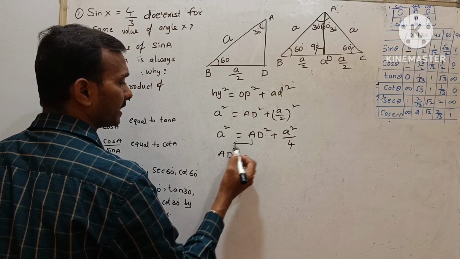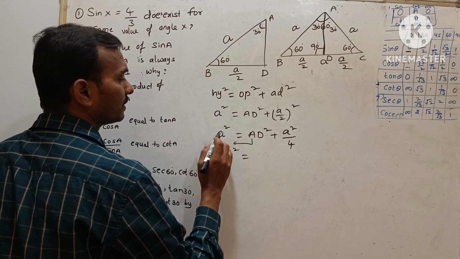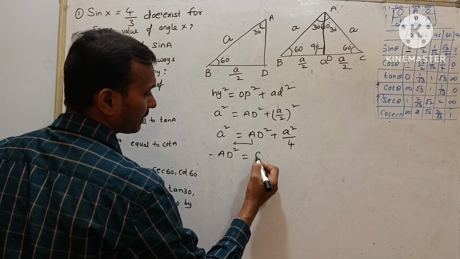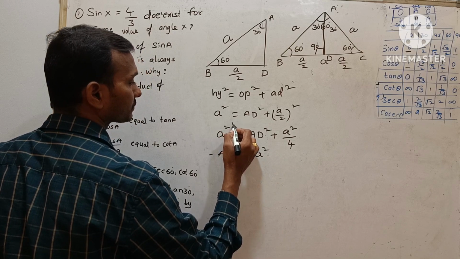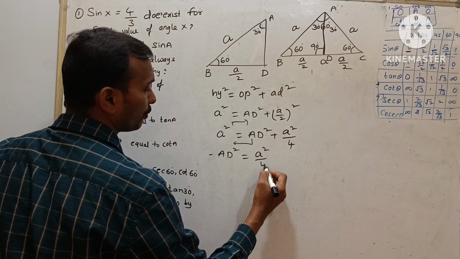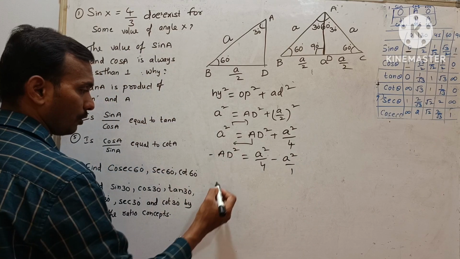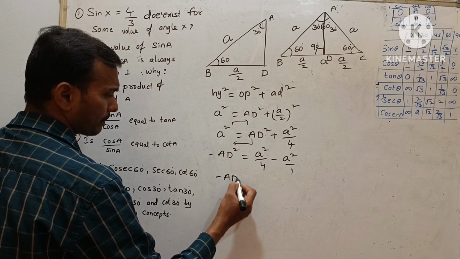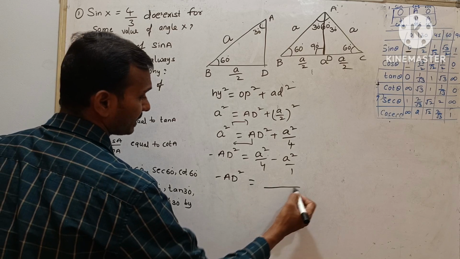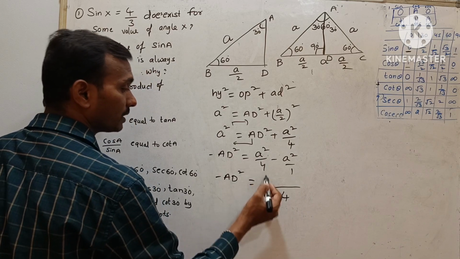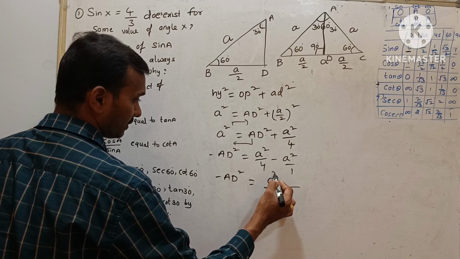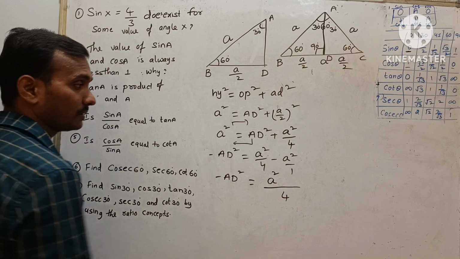Bring this AD square to the left side, it is minus AD square. Take this A square to the right side: A square by 4 minus A square. So minus AD square is equal to, take the LCM. If the LCM is 4, here already 4 is there, directly we can write A square.